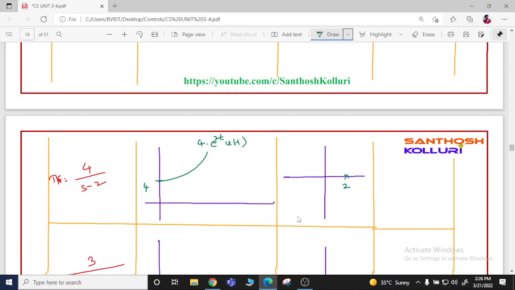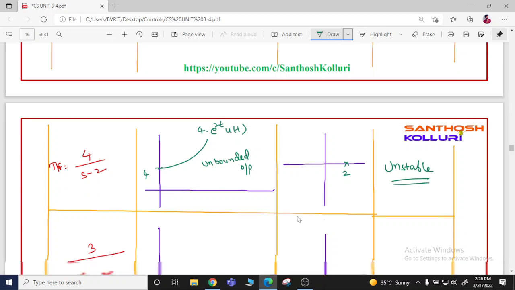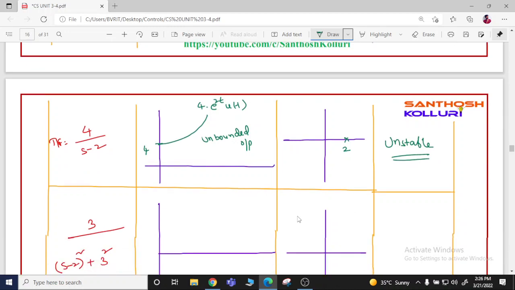It is nothing but an unbounded output. So definitely we can say this is an unstable system, as one root is lying on the right hand side of S plane, so therefore the system is directly unstable. Whenever we have a positive sign of exponential term, that will most probably be an unstable system.